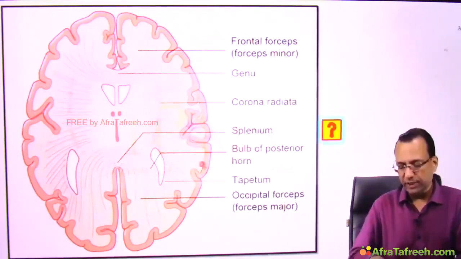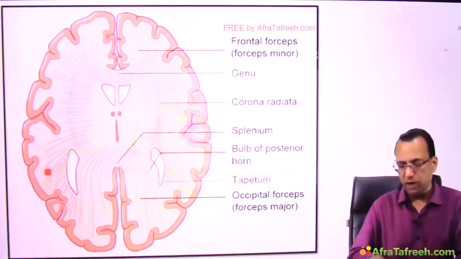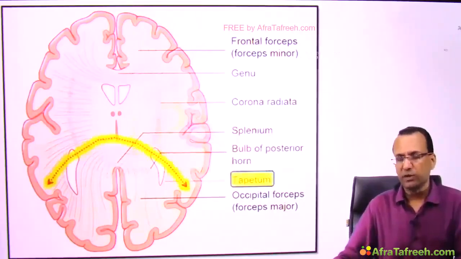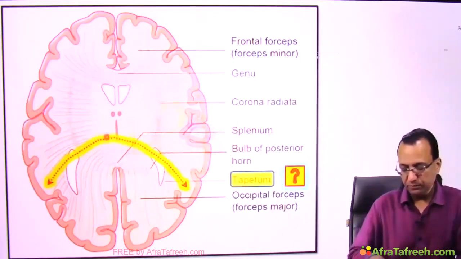Temporal lobe is connected with each other by the tapetum fibers. Tapetum fibers are the axons which will be connecting one temporal lobe with the other temporal lobe. So those tapetum fibers, part of the corpus callosum, which part of corpus callosum are they passing through?